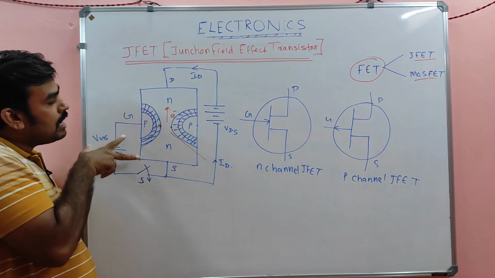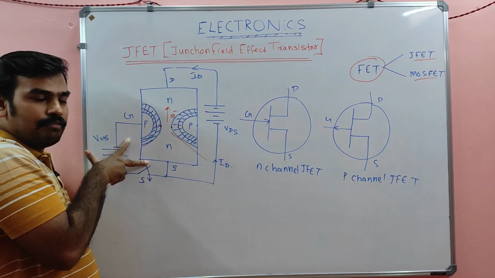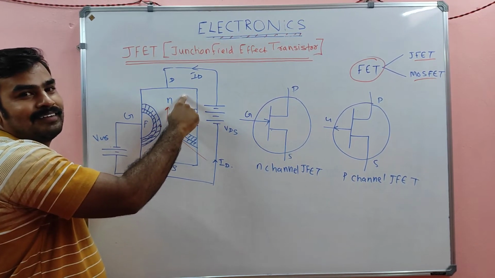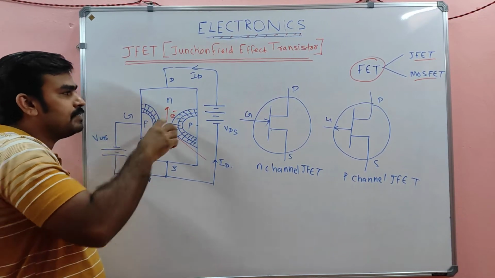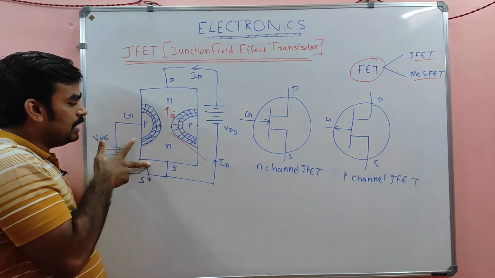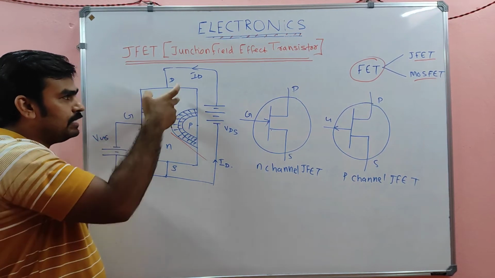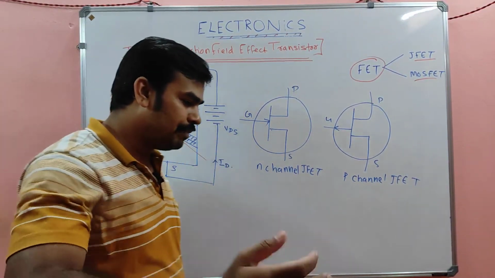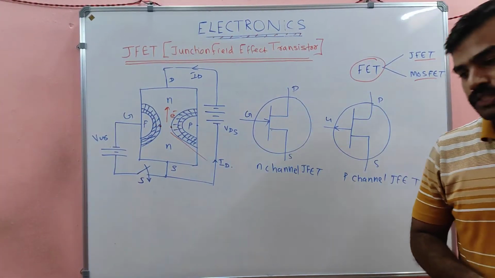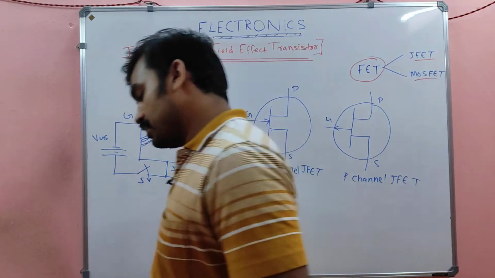So the field across these two will affect the drain current. That is why the name junction field effect transistor.